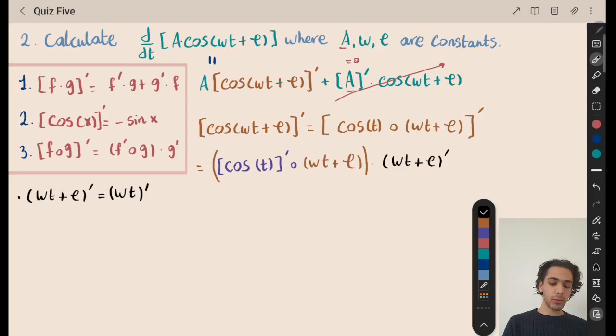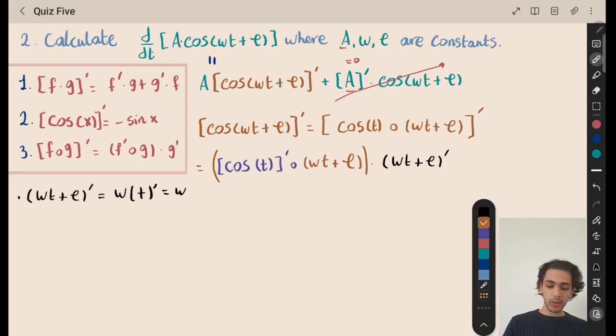If you take the derivative with respect to t, the derivative of t is 1, and the constant we just let be as it is. The derivative of t is 1, because you can write it as t to the power of 1, and applying the power rule you get 1 times t to the 1 minus 1, which is t to the 0, which is 1. So this is actually just omega.